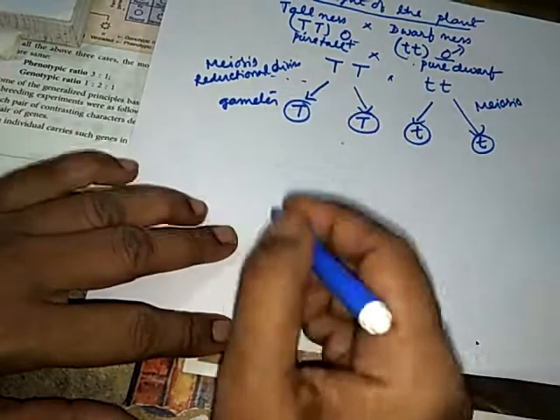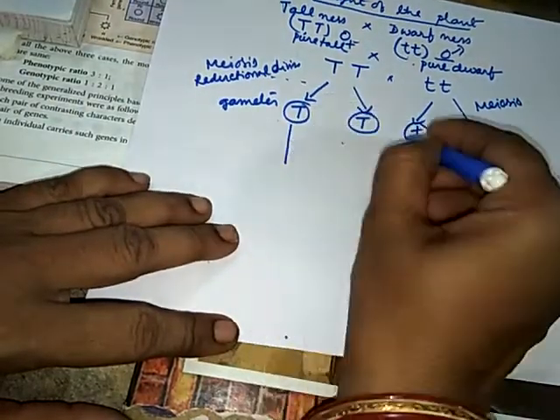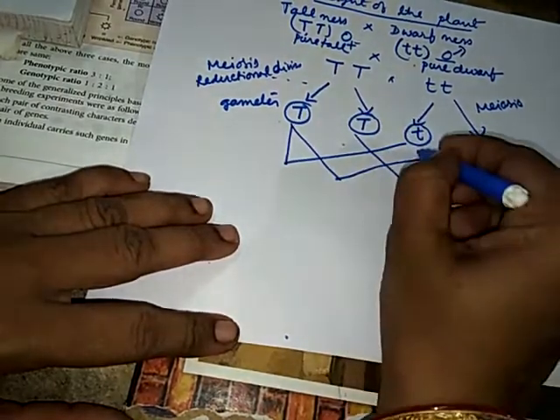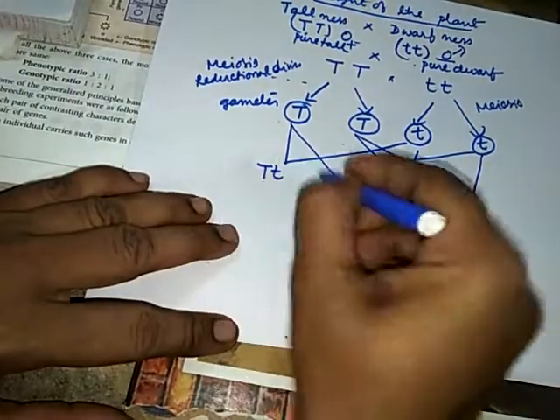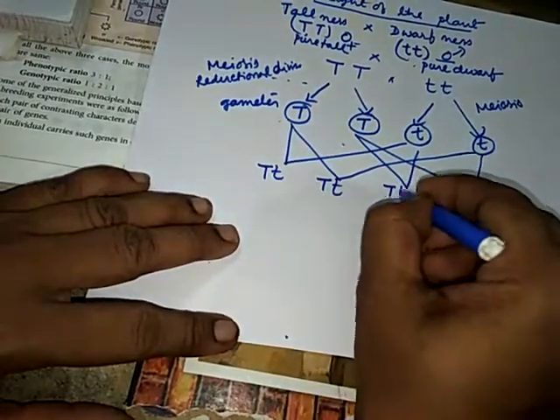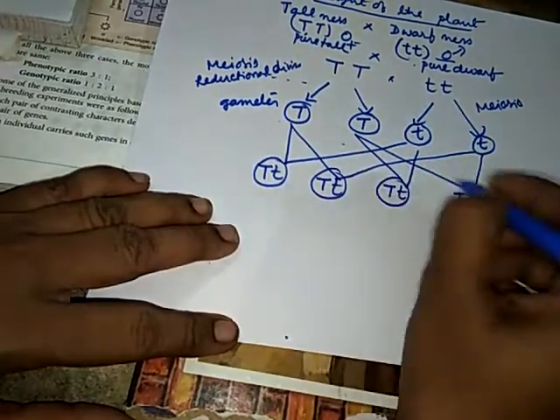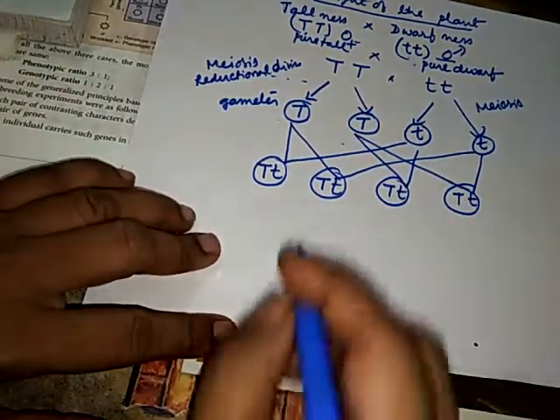So we take the random fusion of the gametes, and in each case we are getting heterozygous tall plants. This is all the F1 generation.